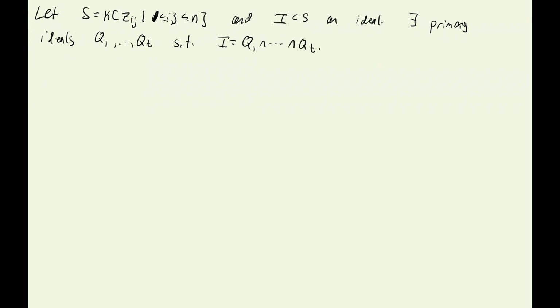And if you don't know what primary ideals are, the important thing for us is that their radical is prime. So you can just focus on that feature of them. If we assume this intersection is irredundant, we can happily do that.